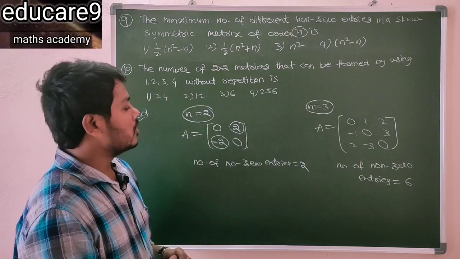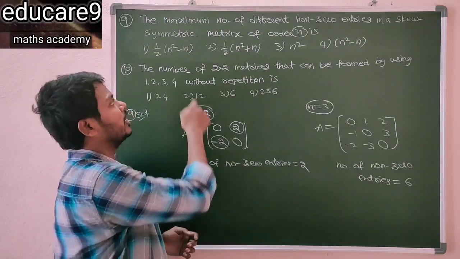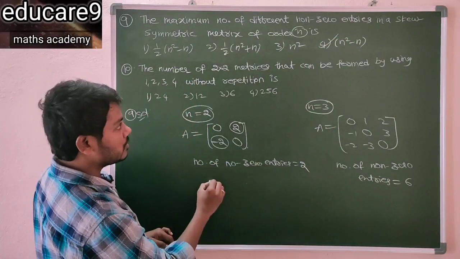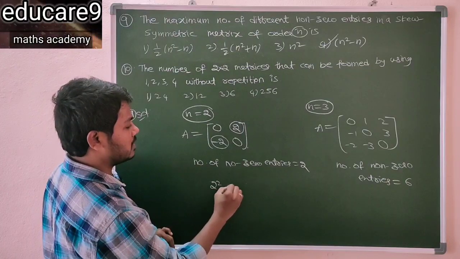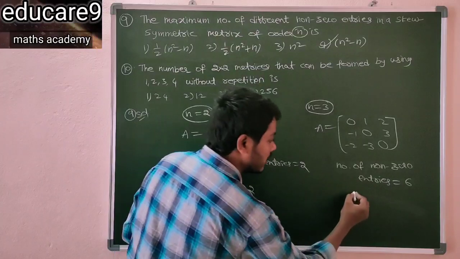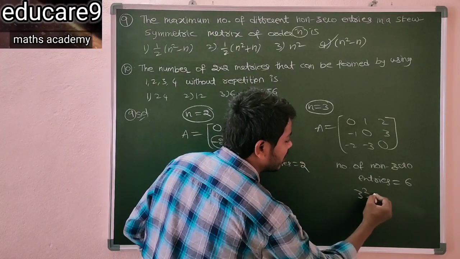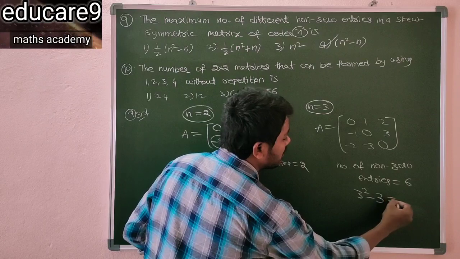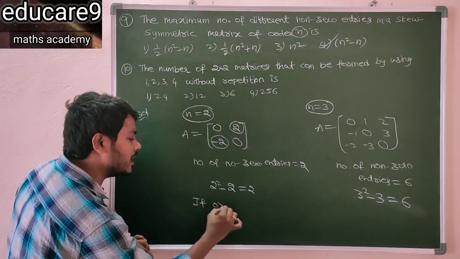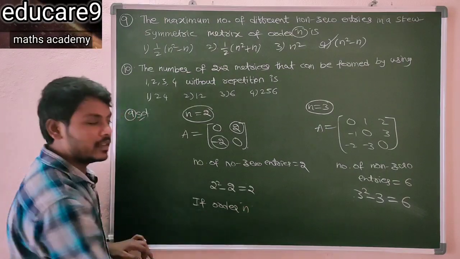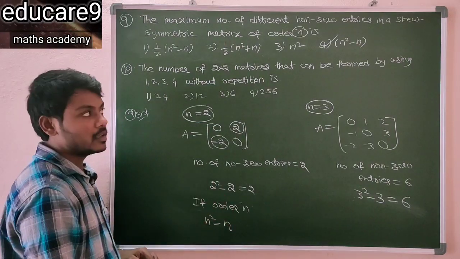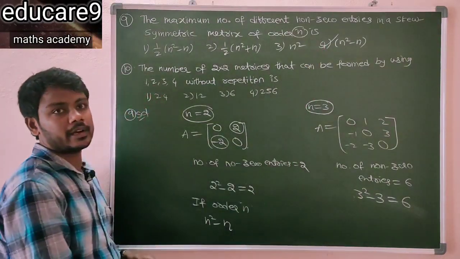So if you substitute n is equal to 2 in option 4, here 2 square minus 2, this is 2 only. And this can be written as 3 square minus 3, 9 minus 3, 6. If the order is n, then N square minus n. Therefore clearly option 4 is correct.